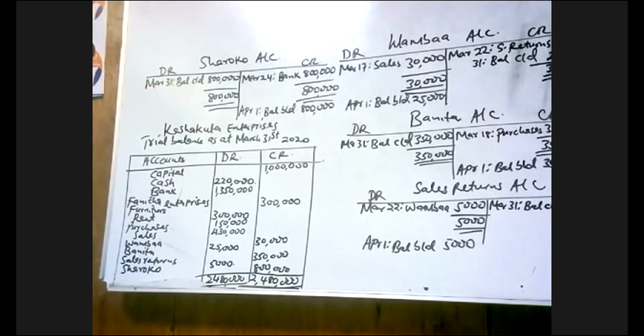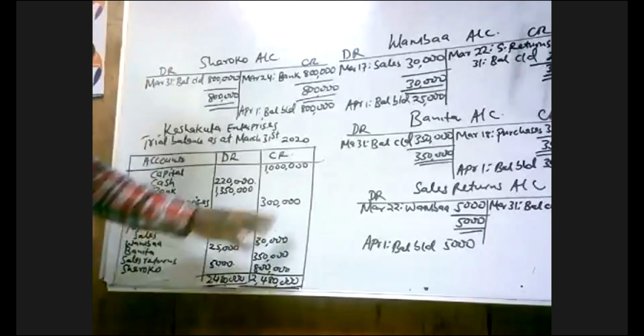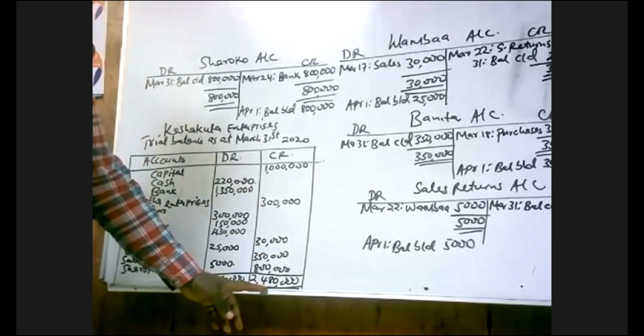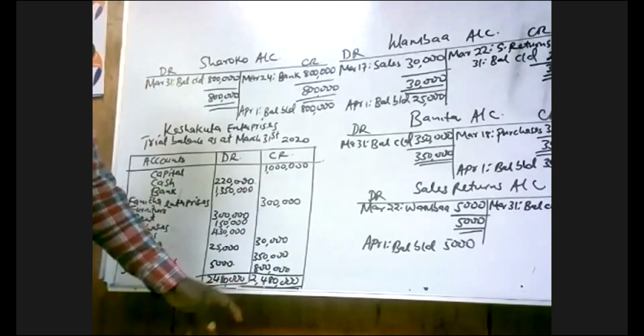So if your ledger accounts have been properly prepared, you have accurately balanced them, this is what you should have. The total on the debit and the total on the credit should agree.